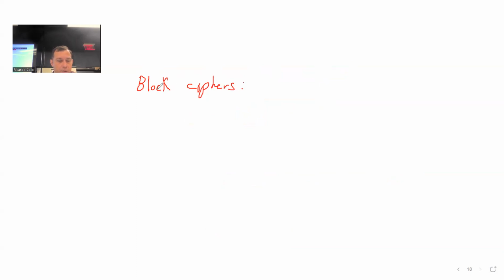Another way of writing it, this is usually how it's written actually, to define this, the key idea is that you have a function that maps bits to bits.